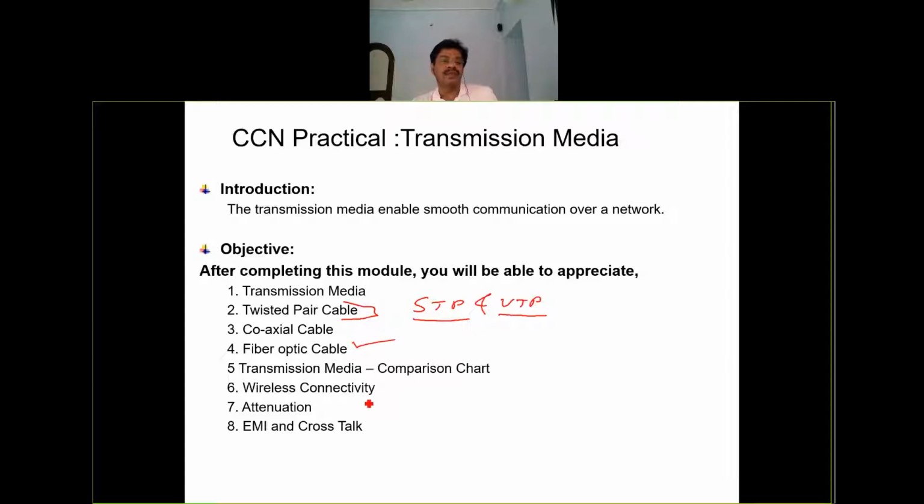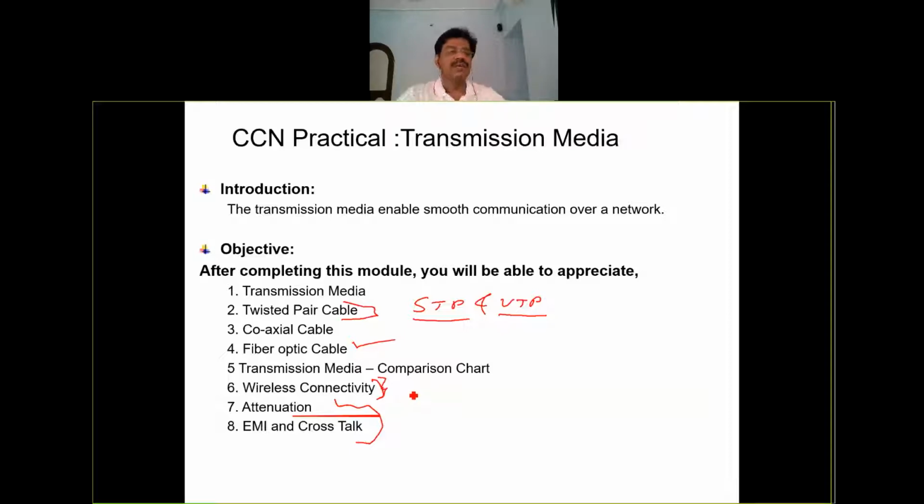Wireless connectivity is also supported in our campus. Whenever you are provided the connectivity for your cell phones, that connectivity is supported with the wireless configuration. Then there are parameters with which we design the type of cable to be utilized: the electromagnetic interference and the crosstalk, which are errors.